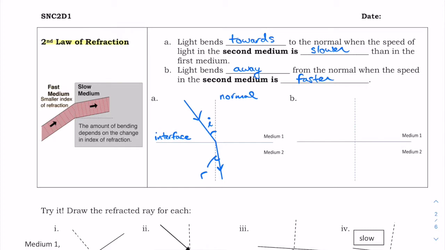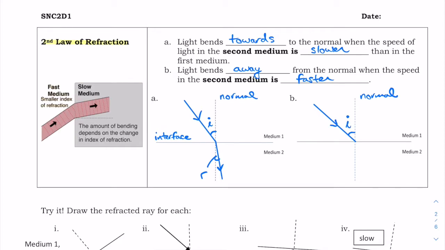We saw this on the previous page, but we'll make a note here just for clarity. So once again, we have our normal. Let's say we have an incident ray of light coming in at some arbitrary angle. Here's our angle of incidence.